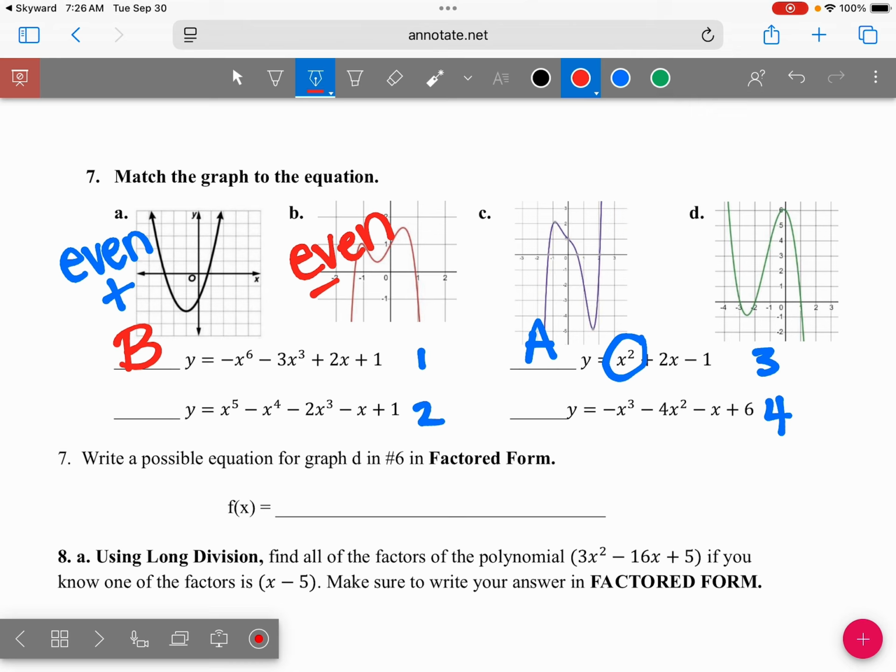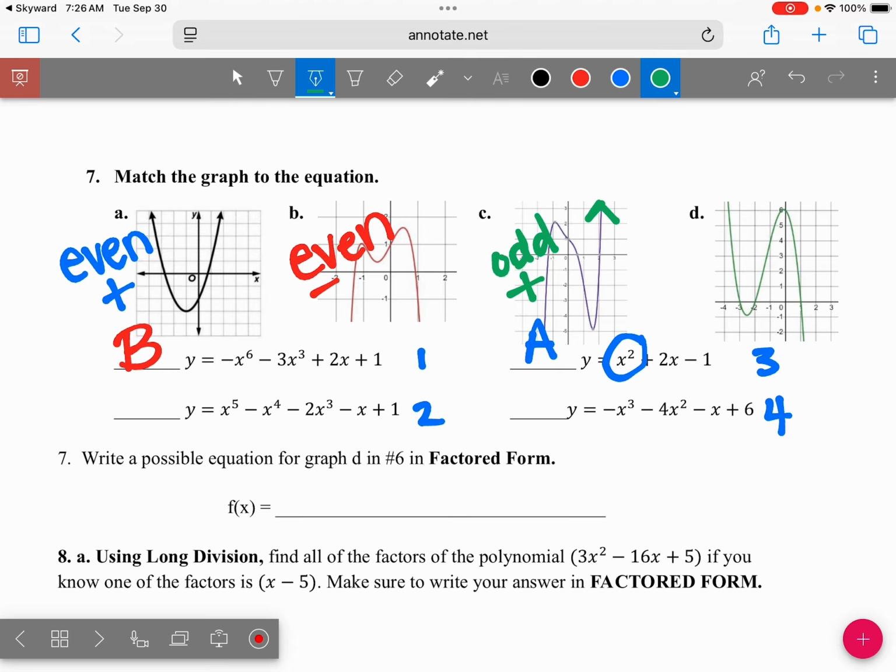All right, next one. Johan, for C, what would you say? Even or odd? Odd. All right, I agree. Would you say it's positive or negative? Positive. This arrow on the side tells you if it's positive or negative. So it's going up on the right, which means it's positive.